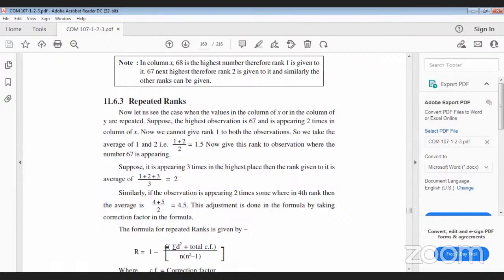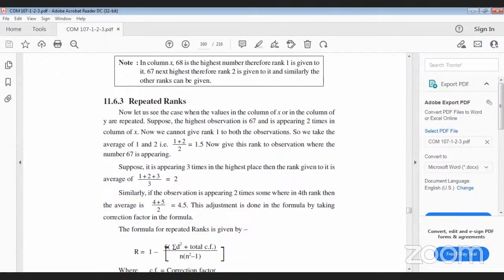Similarly, if the observation is appearing 2 times somewhere at the 4th rank, then the average will be 4 plus 5 upon 2. 4 plus 5 is equal to 9 and divided by 2 because 2 numbers are there, it will be 4.5.